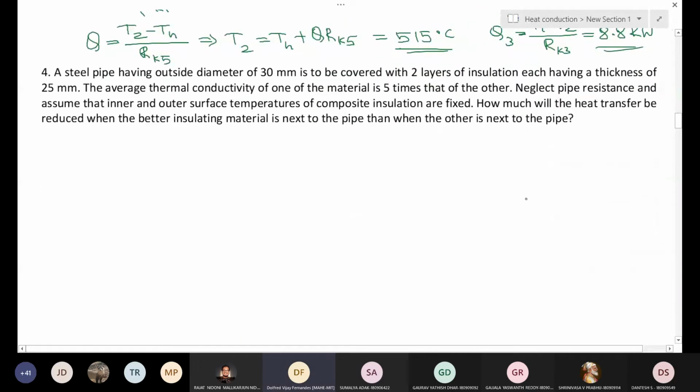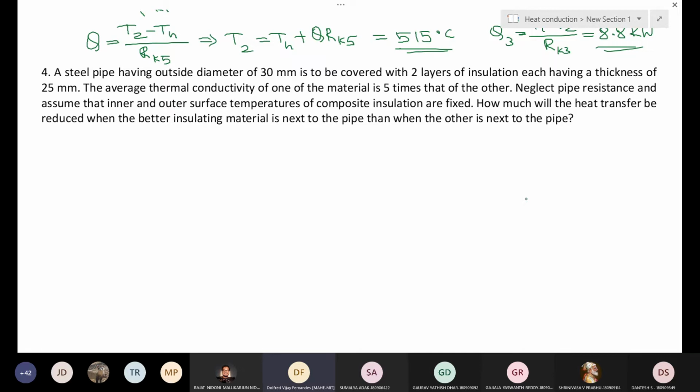Okay, so we'll move on to the next problem. Now we have a cylindrical wall. A steel pipe having outside diameter of 30 millimeter is covered with 2 layers of insulation, each having thickness of 25 millimeter.